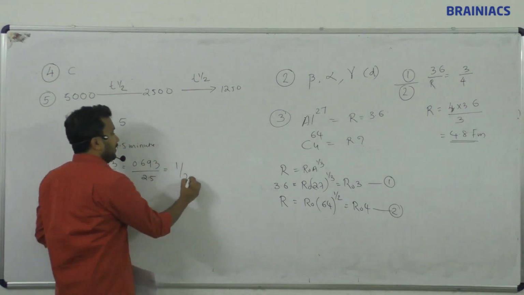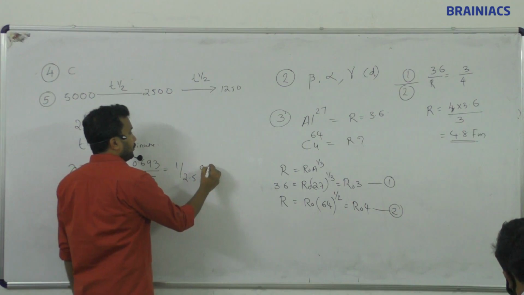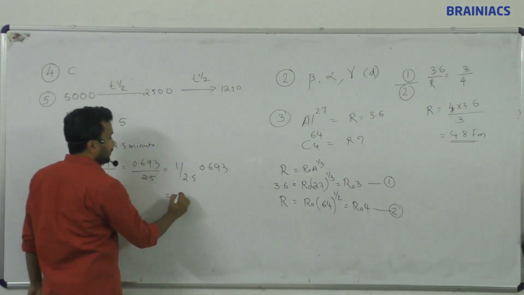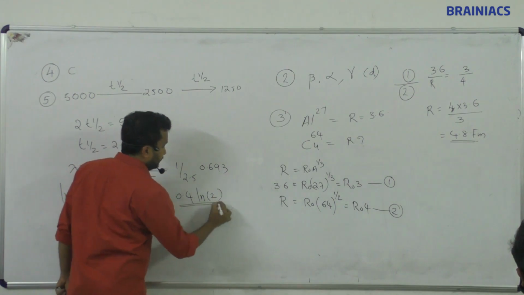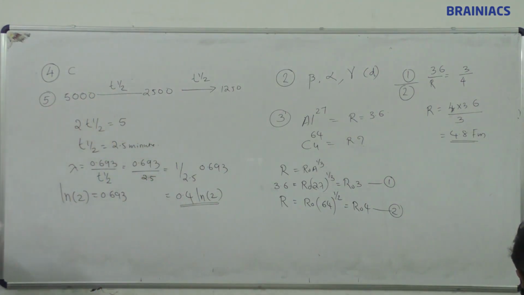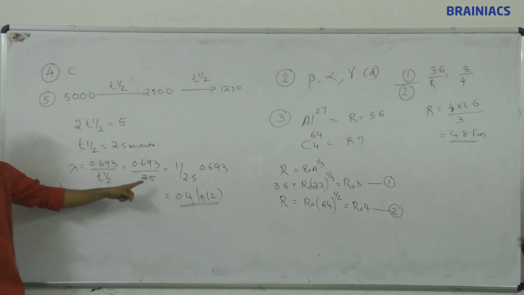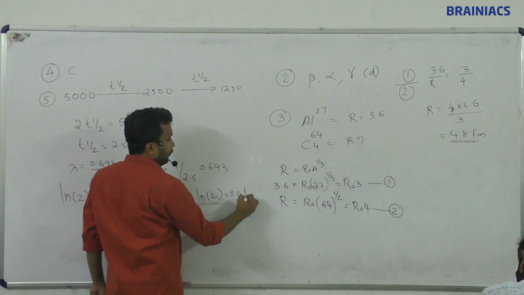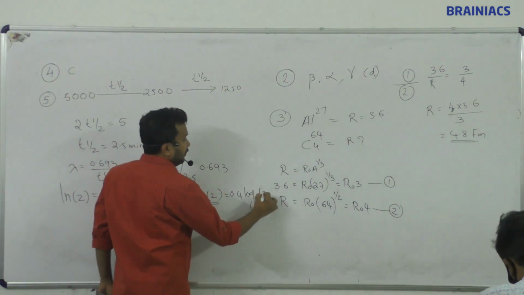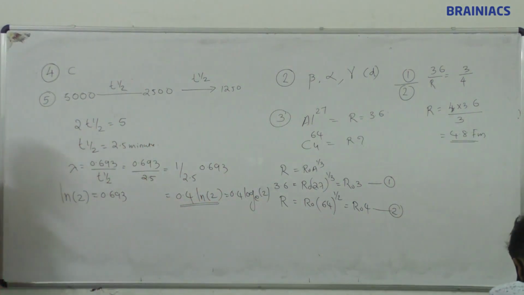So 1 divided by 2.5 into 0.693 is equal to 0.4 into the natural logarithm of 2, or this can be written as 0.4 log to the base e of 2. That is the same one.